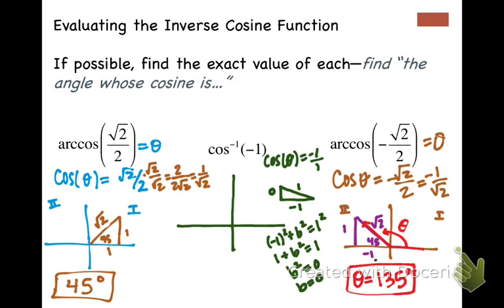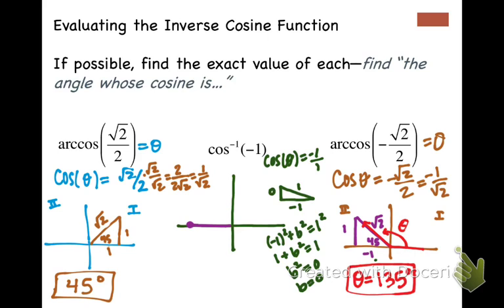All that is a horizontal line. So if I get that cosine inverse is -1, that means my hypotenuse and my adjacent side are the same. Cosine of theta equals -1. I have an opposite side that's 0.